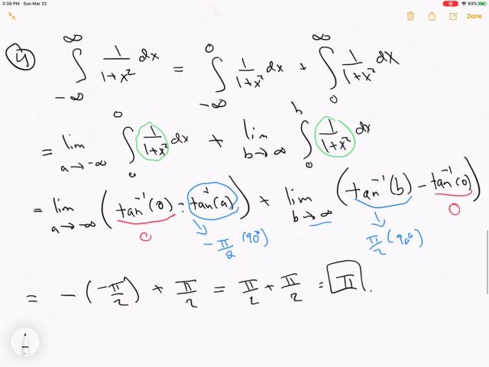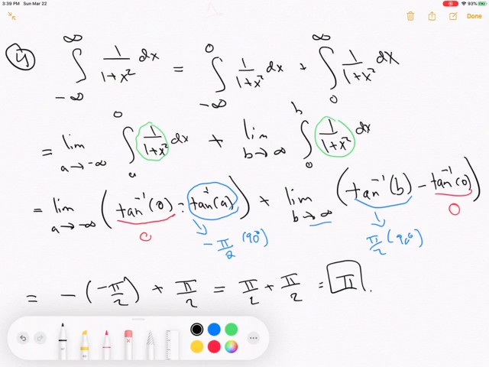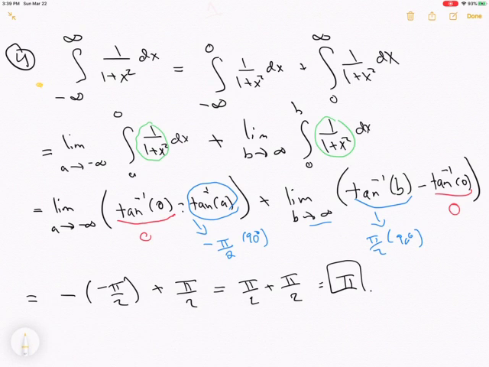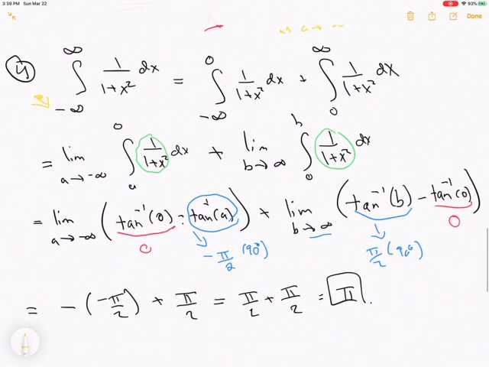Anyways, so let's just have a look. So here's the example we're talking about. Again, in example 4, you're integrating from negative infinity to positive infinity. So formally, you just split it up. You go from negative infinity up to any point. I just pick 0 for convenience, and then from that point on to infinity.